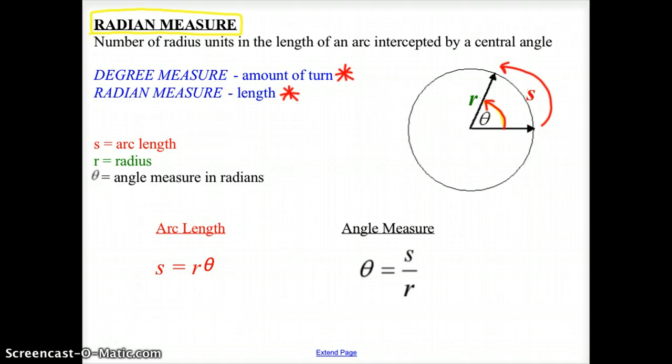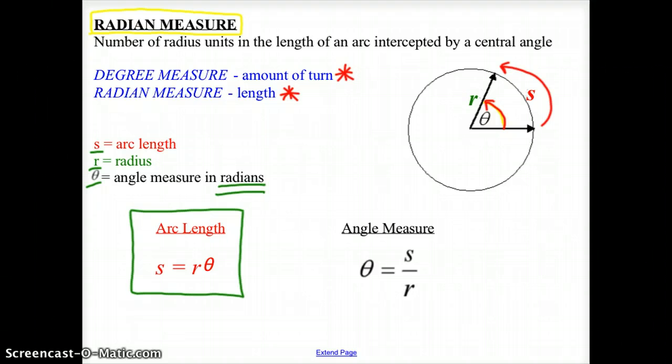Some abbreviations and some symbols are, first off, we have S, which is arc length, R is the radius, and theta is the angle measurement in radians. So when I see this arc length formula, I need to remember that theta is measured in radians, not degrees. I can convert this formula.